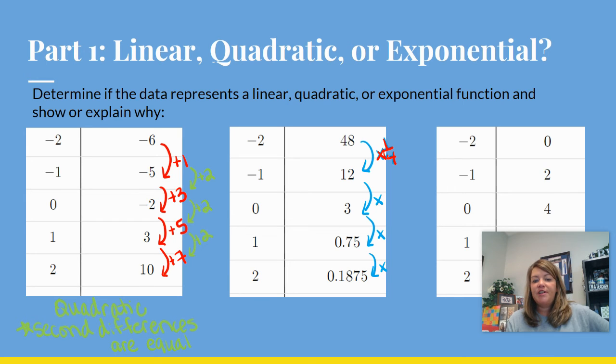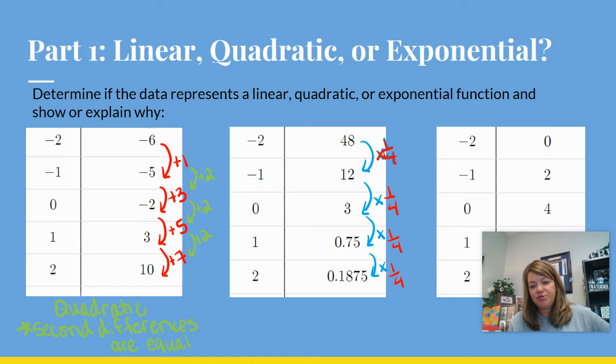So 12 times 4 is 48. So when you work backwards like this, then make sure that you use what you're multiplying by. So 12 times 1/4 gets me back to 3, because 3 times 4 is 12. And this one times 1/4 would be 3/4, which is 0.75, and so times 1/4.